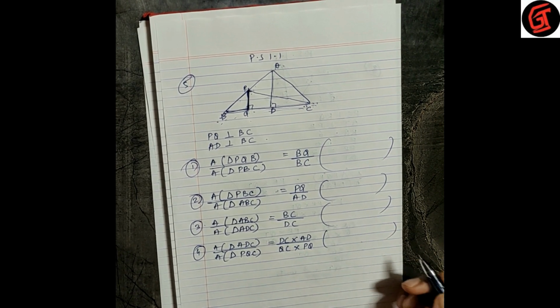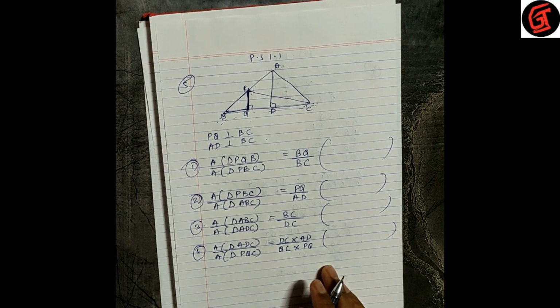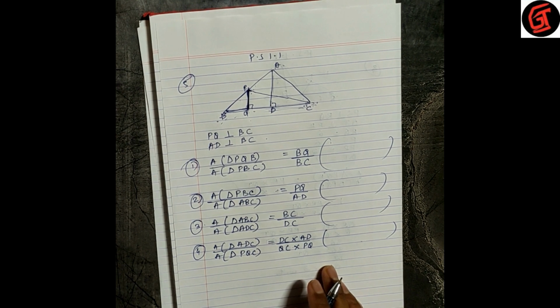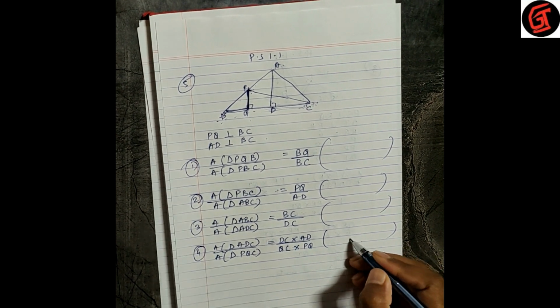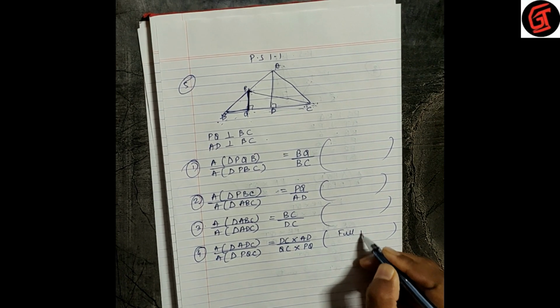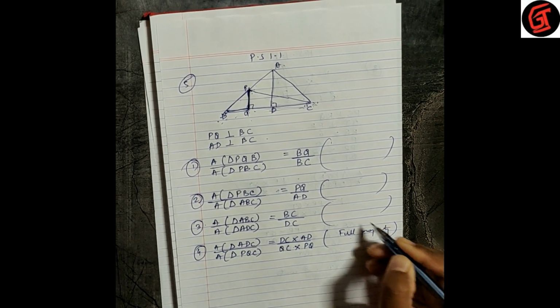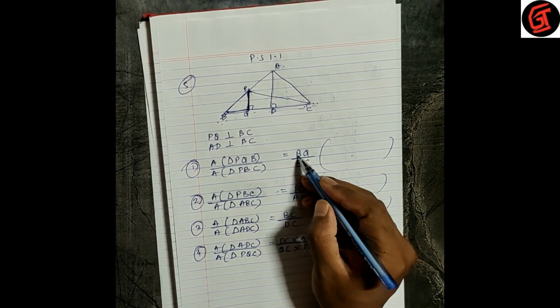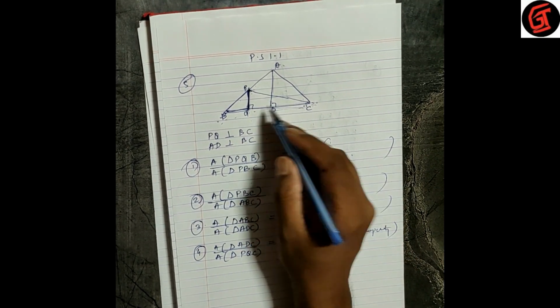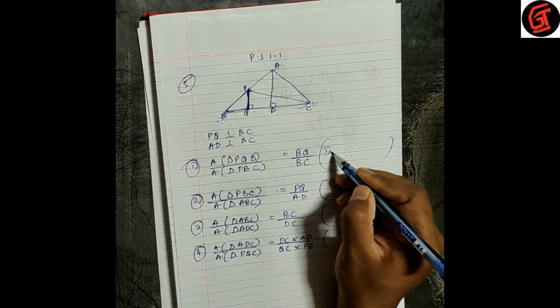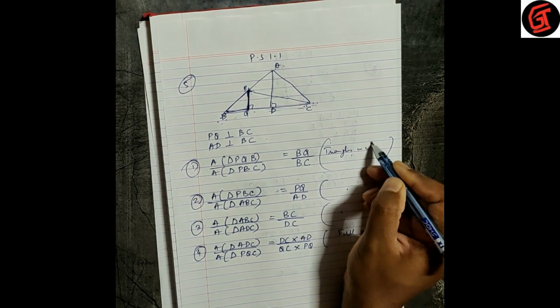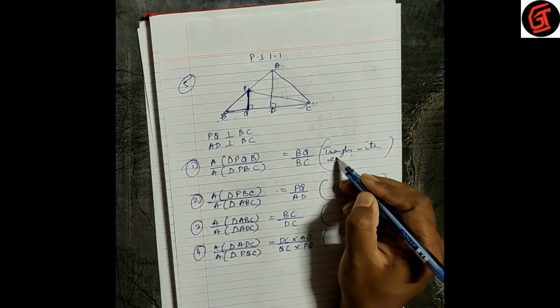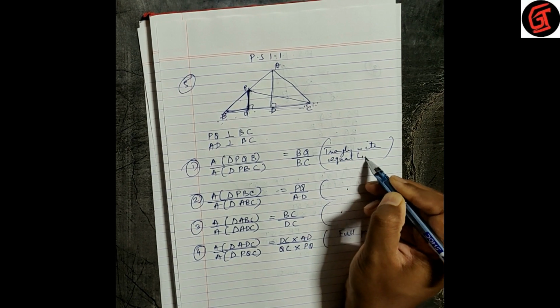Reason: the first property that we did, ratio of areas of two triangles is equal to ratio of product of their bases and corresponding heights. See, here we have to write the full property, but here and here we can only write short. Suppose, see here, BQ upon BC, here equal height, so you can write here triangles with equal height.